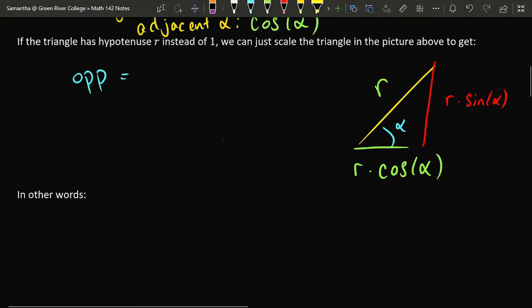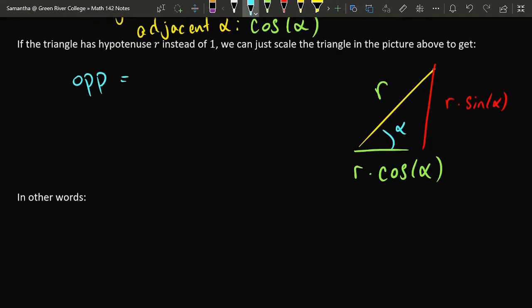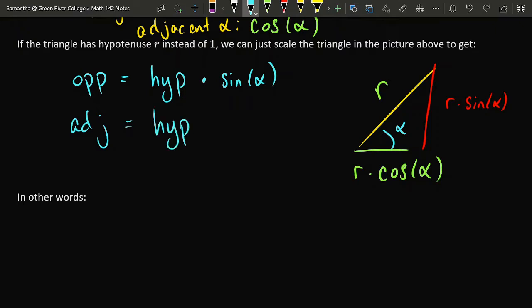So in other words, the length of the side opposite to angle alpha is equal to r, which is the length of the hypotenuse, multiplied by sine of alpha. And the adjacent side to angle alpha, the length of that side is equal to the length of the hypotenuse, r in this equation, multiplied by cosine of angle alpha.